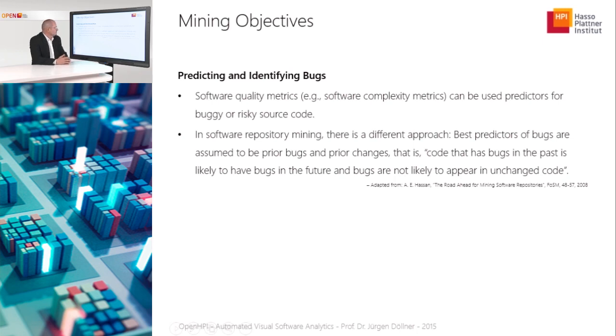Where did we have bugs? Because where we had a lot of bugs, the likelihood that there are still bugs is high compared to those parts that did not change. So mining software repositories is a very helpful and effective means for bug prediction and identification.